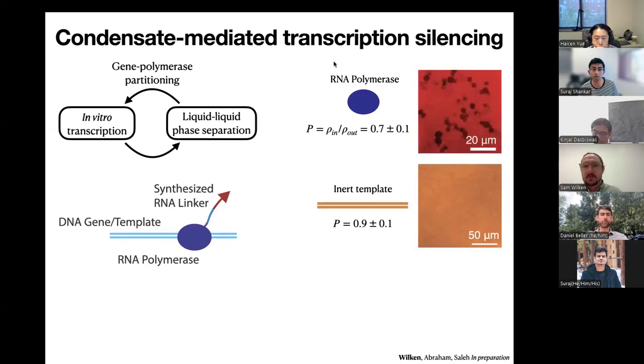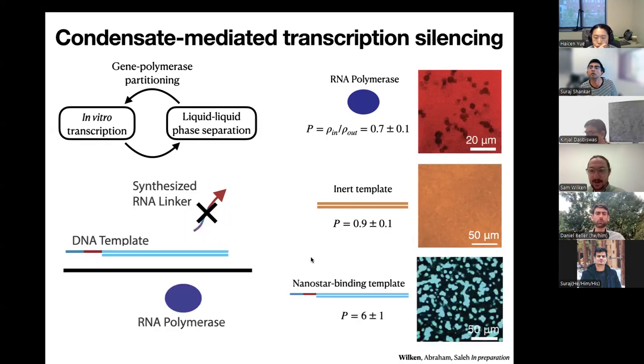And so what we do first is we look at an inert template, just a double-stranded template. This one is short enough so that it just goes inside the droplets. There are droplets here in the orange image, but the polymerase, because it's quite big, on the order of the mesh size of the network, is slightly excluded from the droplets.